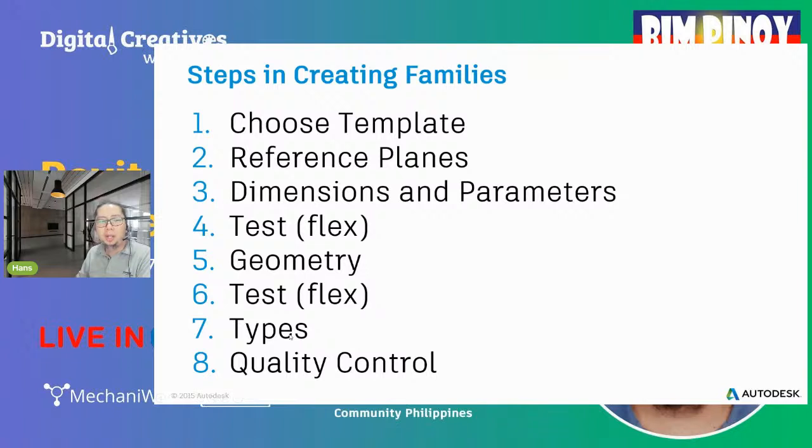If there are multiple types in your family, maybe you can test it again and do some quality control. These are the important and basic steps of creating our families.